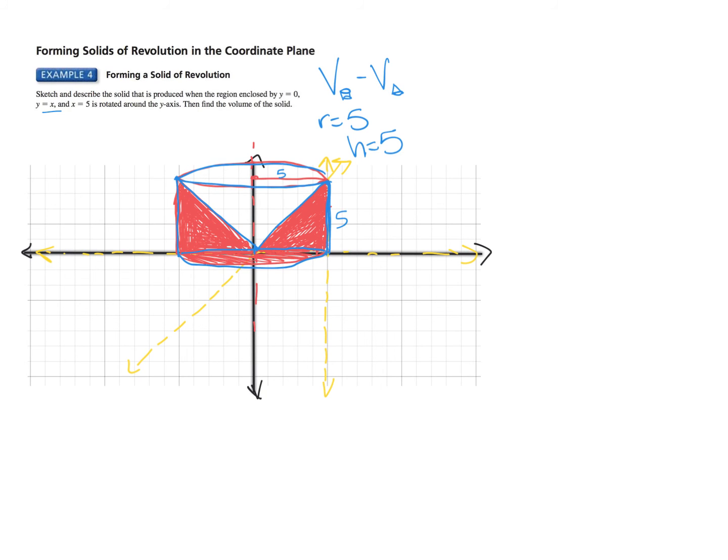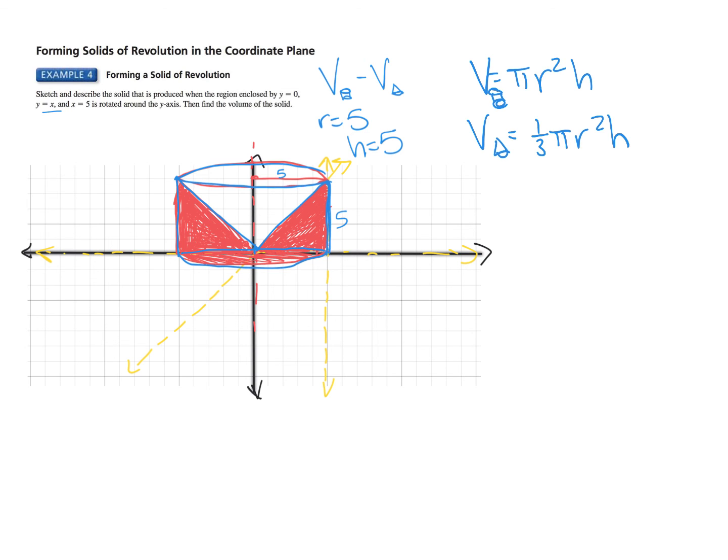Okay, so volume of a cylinder is pi r squared h. So pi r squared h, and that's of a cylinder. And then the volume of the cone is 1/3 pi r squared h.